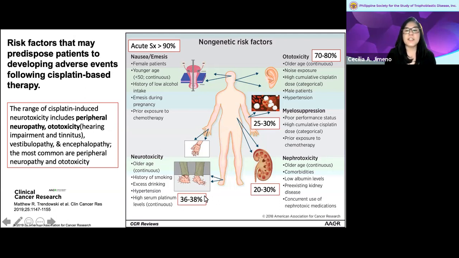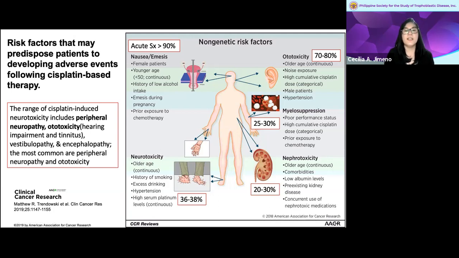But in certain predisposed individuals, it may cause nephrotoxicity, even acute renal failure. And these are typically in older people, those with comorbidities and pre-existing kidney diseases, and the concurrent use of nephrotoxic medications.